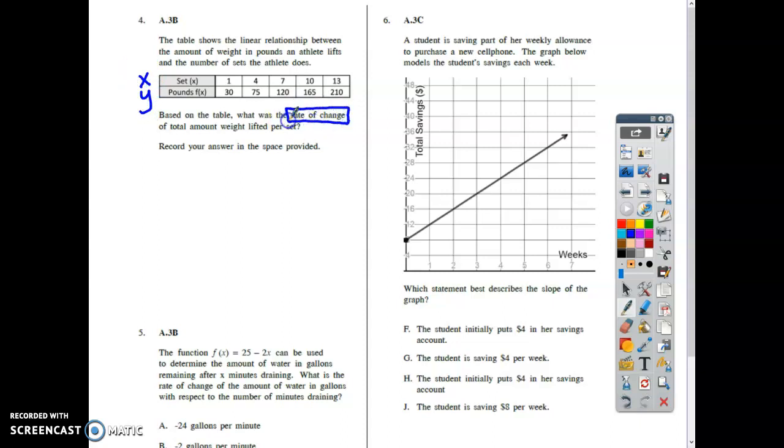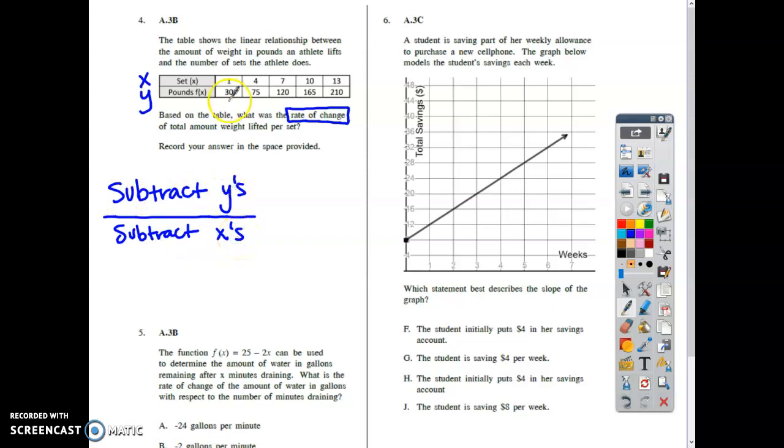We did rate of change a lot last week when we were doing our makeup grades. Remember that you need to subtract the Y's, subtract the X's, and divide them. So the Y's on top of the X's.